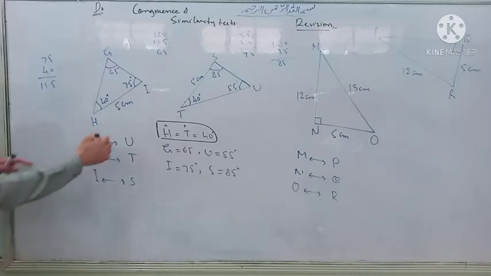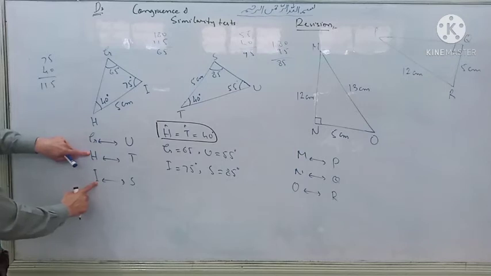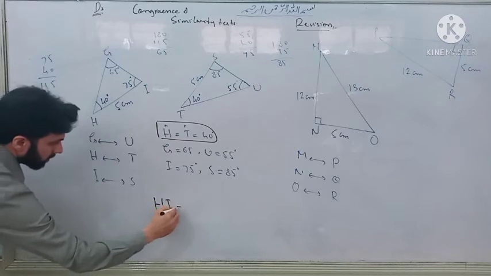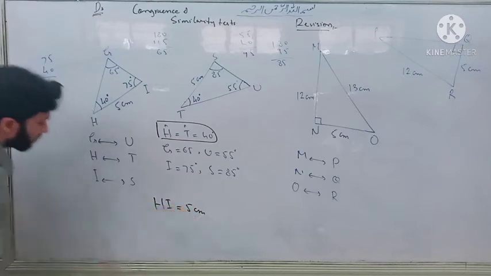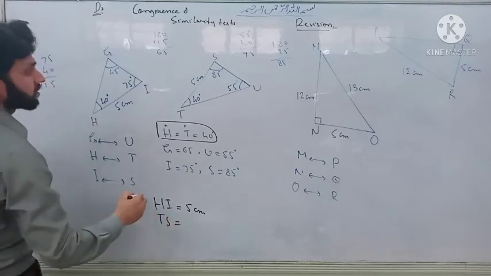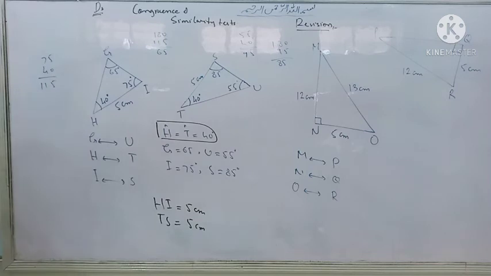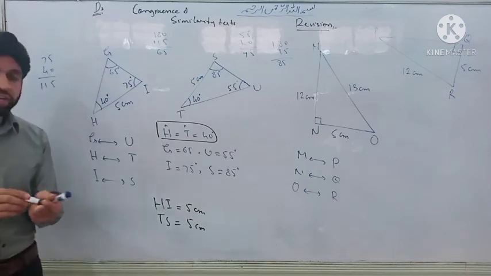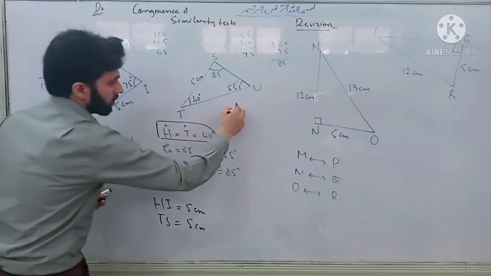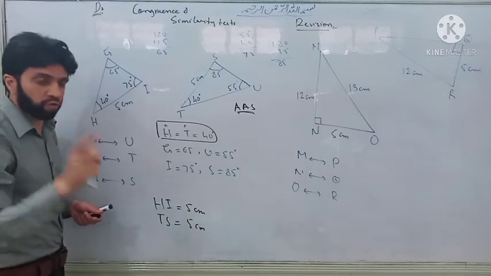And we have to see the side. There is HI 5, and there is TS 5. HI is 5 centimeter and TS is also 5. So again, we are fulfilling two requirements of AAS.